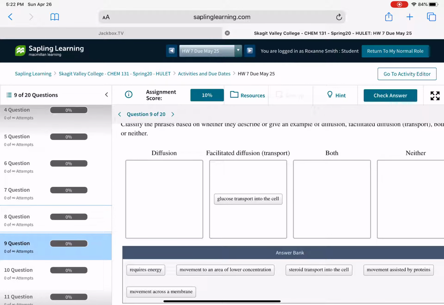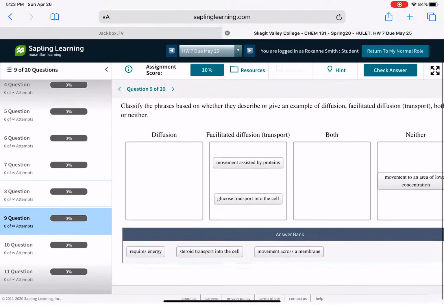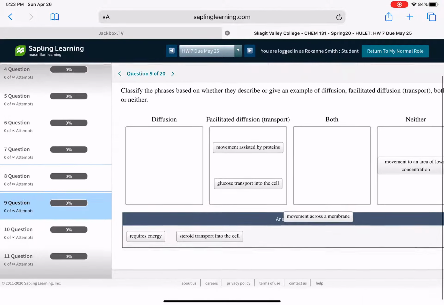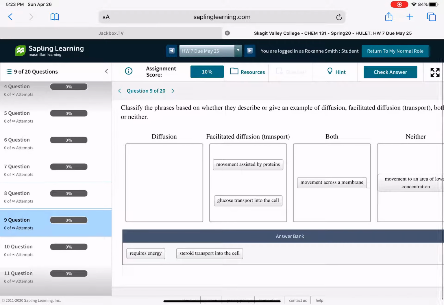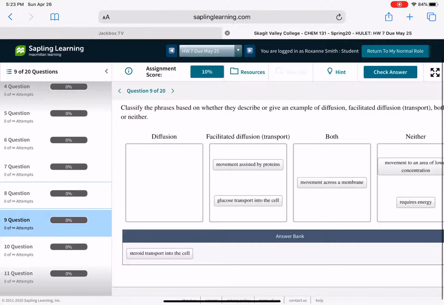And moving from an area to low concentration, that's active transport, so that doesn't work here. Protein helps out with facilitated transport, moving across a membrane. Which one requires energy? I don't think either one of them requires energy.